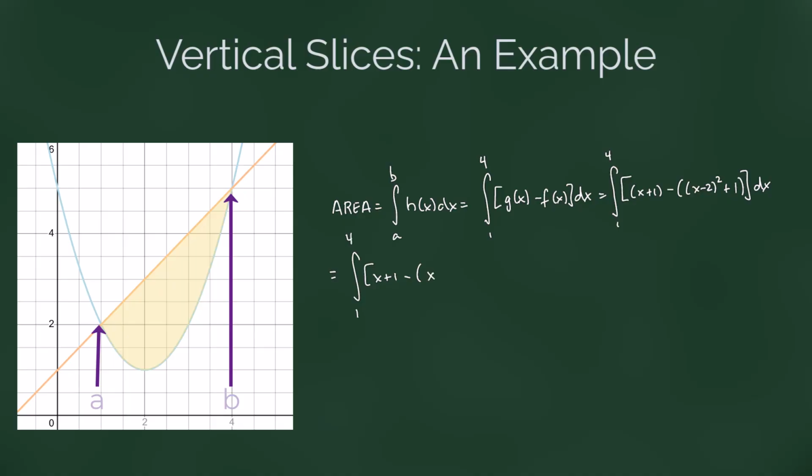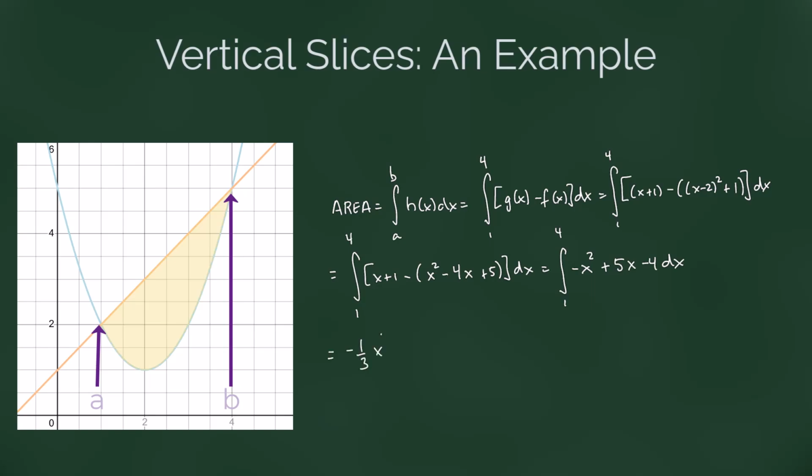Simplifying this integral, we get the integral from 1 to 4 of x plus 1 minus (x squared minus 4x plus 5) dx. Combining those, we get the integral from 1 to 4 of negative x squared plus 5x minus 4 dx.